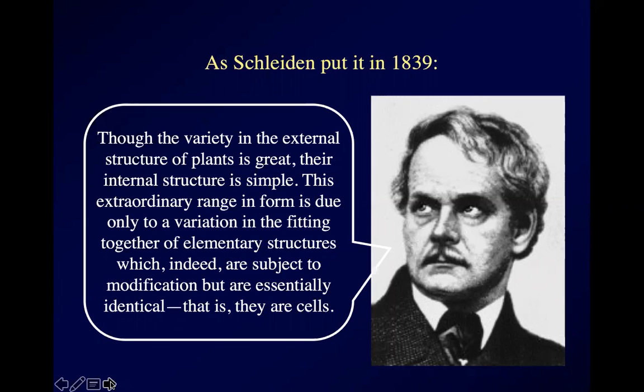That is, they are cells. Everything from mosses to giant redwood trees to the welwitchias of the Namib Desert, as different as they look, are made by putting together a limited number of types of subunits in different ways and different combinations. That's what they're talking about.